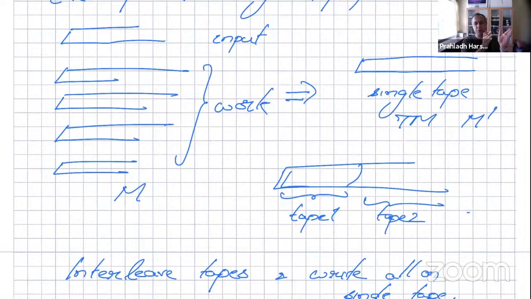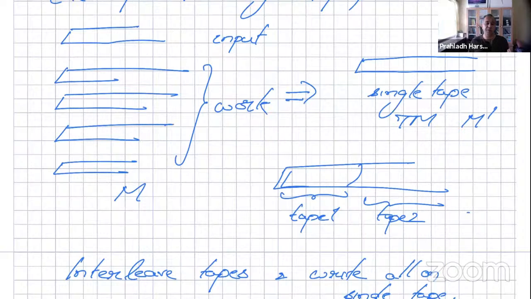So it takes the input. The input is on the single tape Turing machine already. What it will do is interleave the input. Right now the input is all together in one chunk. It's going to spread it out as if the input was every k steps apart. And then to make a single step of the original Turing machine M, M prime is going to make one full sweep, reading what is there in every single tape.